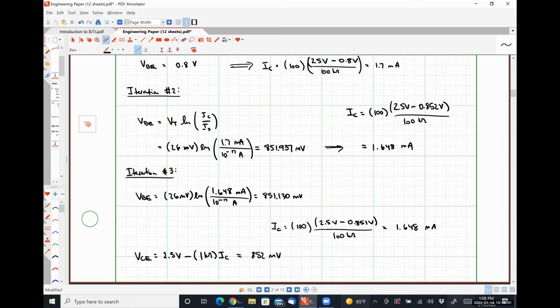All right, so a couple of things about this biasing scheme. Since the quantity VCC minus VBE determines the base current IB, this biasing scheme is very sensitive to power supply fluctuations, which means if we have a small change in the power supply voltage, we're going to see a large change in the operating point of our system.